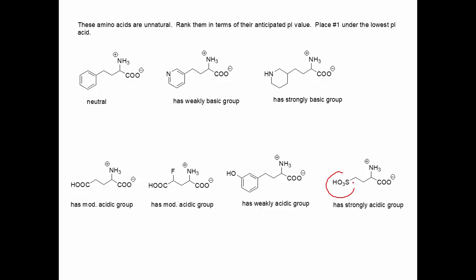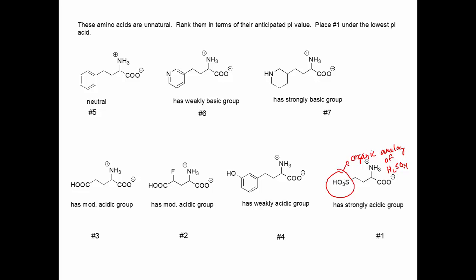This is an organic analog of sulfuric acid. So this is actually a very strong acid. So we rank these. We're going to rank the one with the sulfonic acid as number 1.